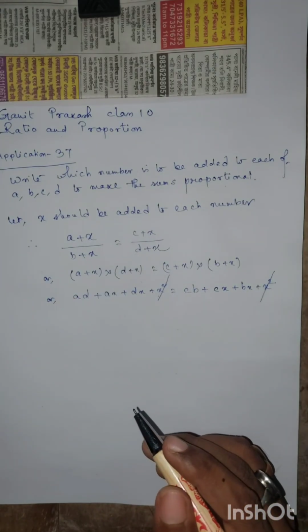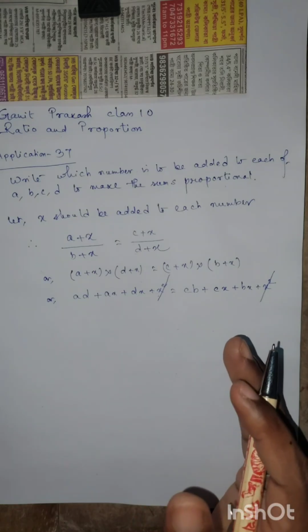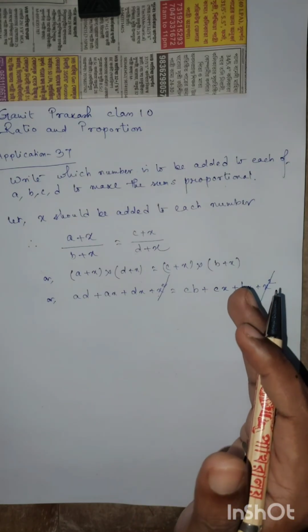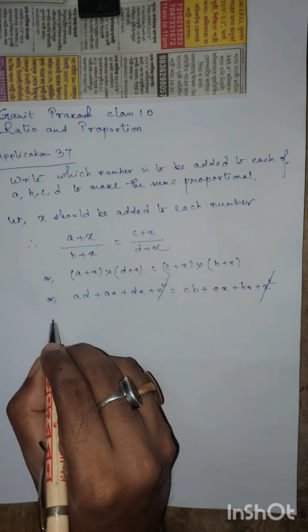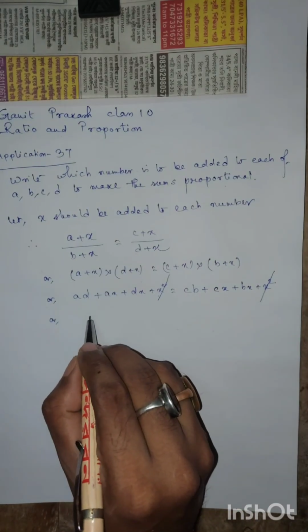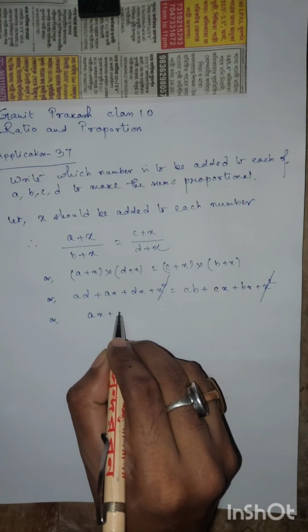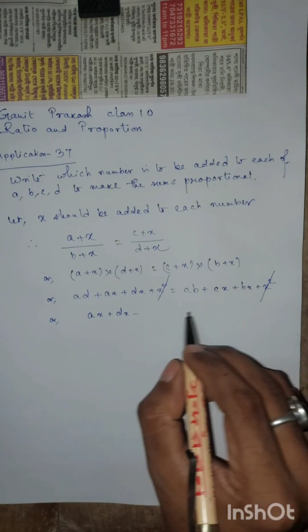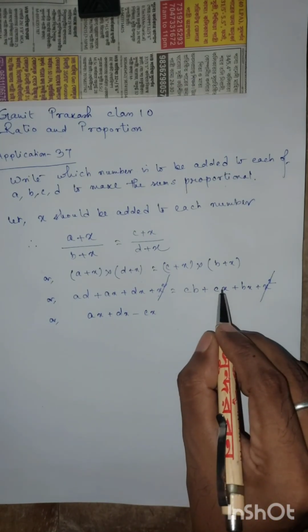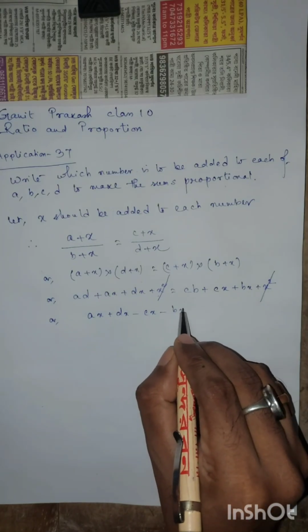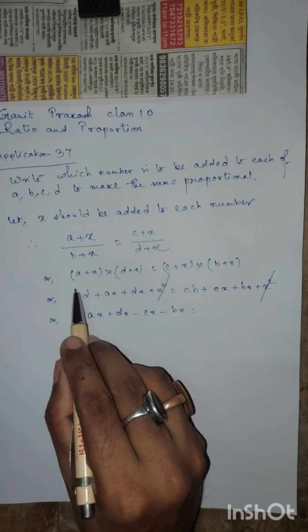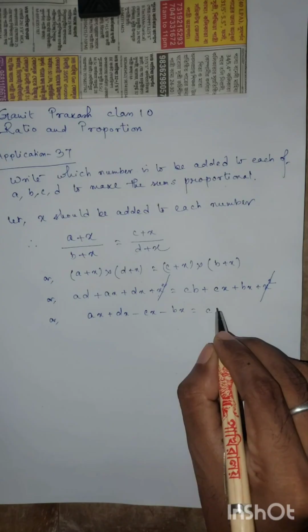Now we are transferring the terms containing x to the same side. It is transferred to the left side and bx is also transferred to the left side, and the constant term is transferred to the right side.